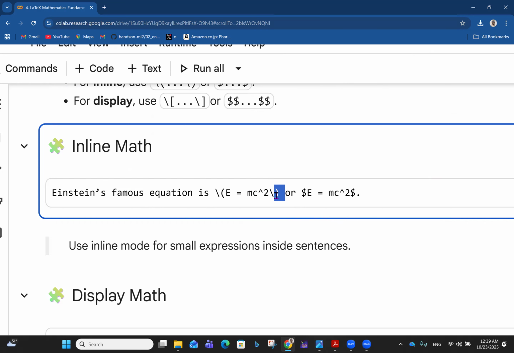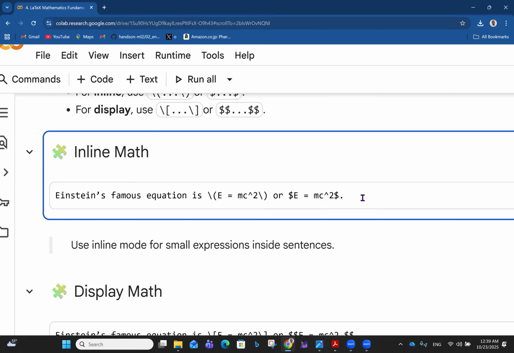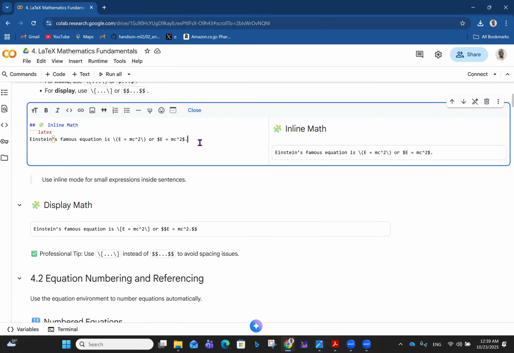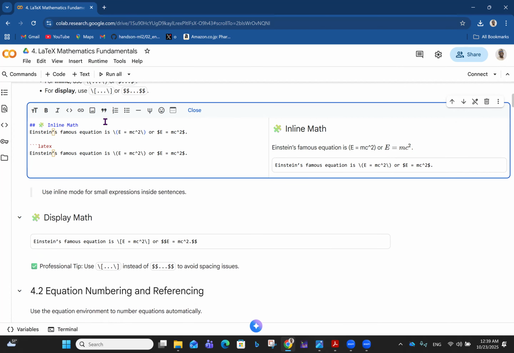Thankfully, anything involving dollar can be rendered directly in this Markdown.